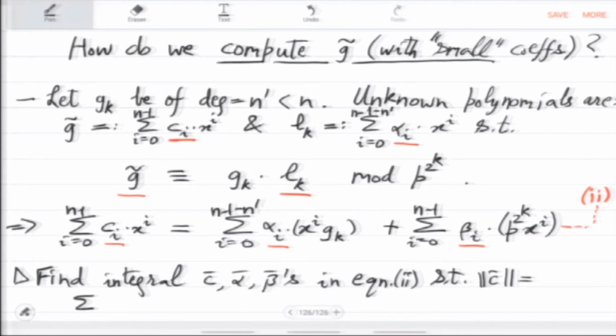So, the norm of the vector C is the square root of the sum of Ci squares, right, that is the Euclidean norm. So, I want this to be small.